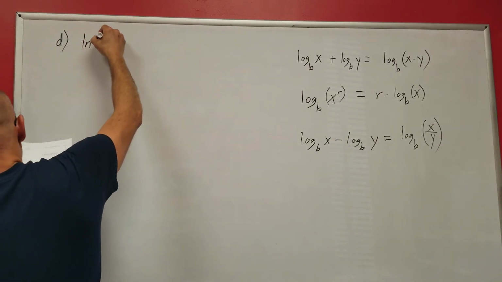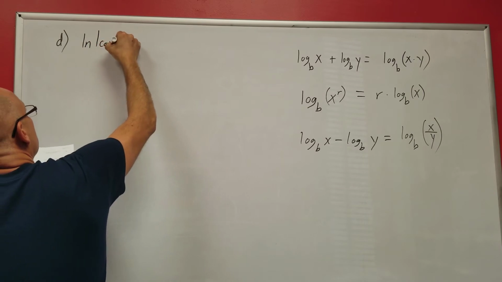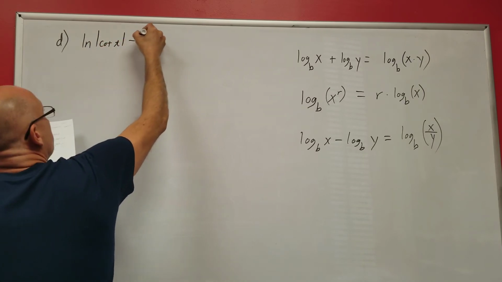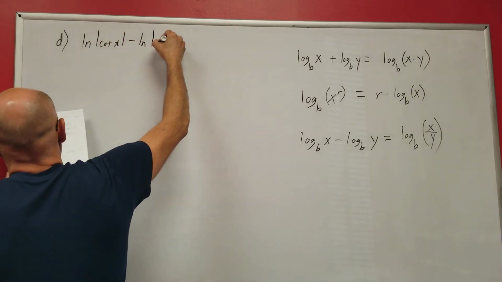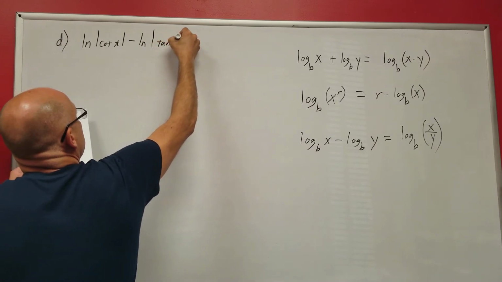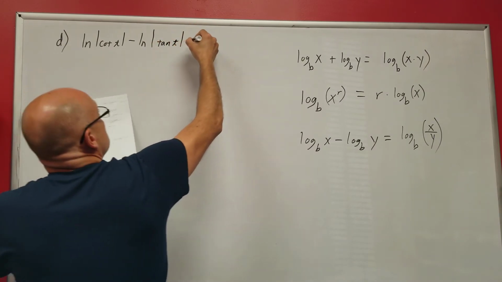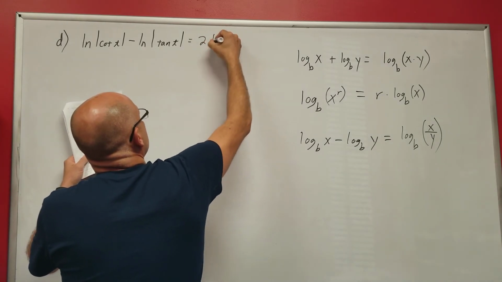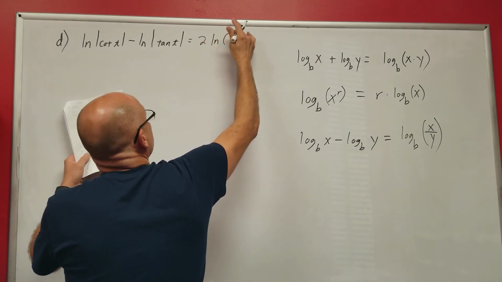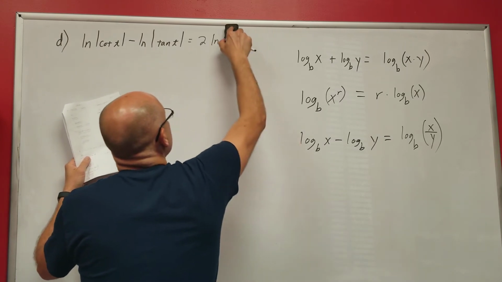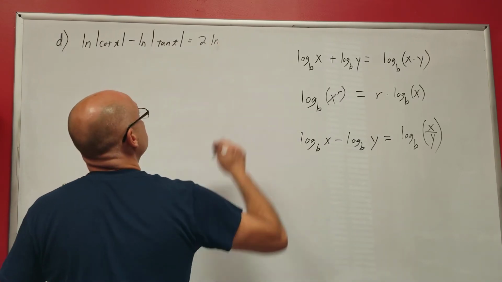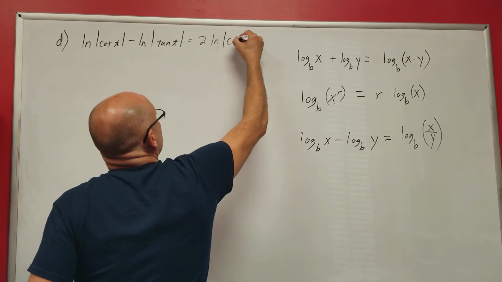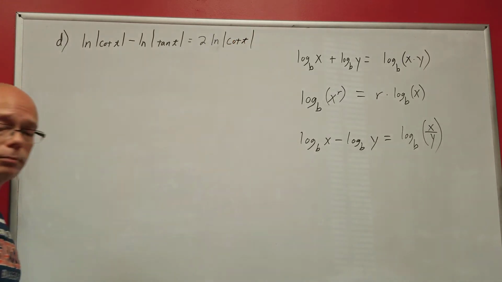We have natural log of the absolute value of cotangent of t minus natural log of the absolute value of tangent of t is equal to 2 times the natural log of absolute value of cotangent of t.